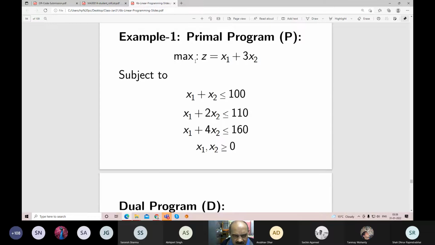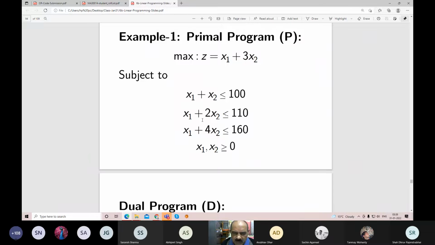If it is maximization type, the dual program will be minimization type. And there are three constants, there will be three variables. And there are two variables, there will be two constants. And these constants are here less than equal type, there will be greater than equal type. This is maximization type.